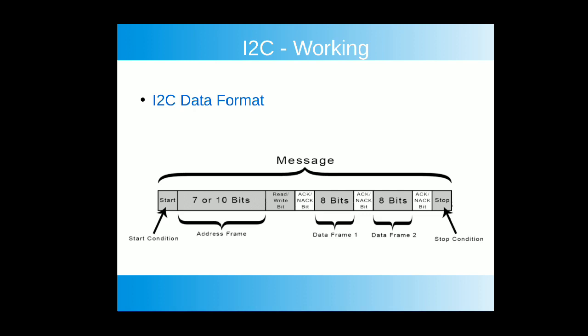This read/write bit specifies whether the master wants to read from or write to the slave device. If the read/write bit is set to 1, it means the master wants to read from the slave device. If it is set to 0, it means the master wants to write to the slave device. After the read/write bit, it comes the acknowledgement bit.